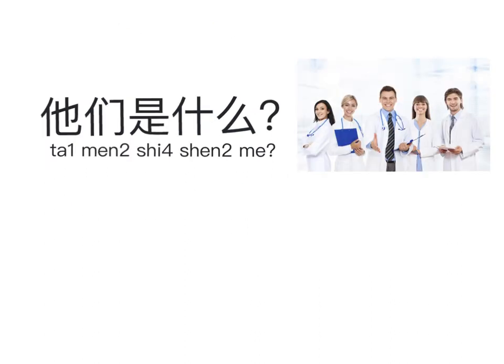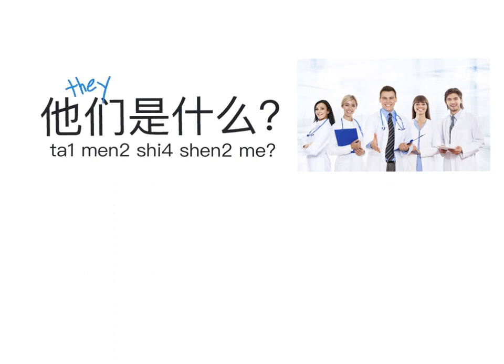The last example is a combination of a pronoun and a question word what. Okay, so the question is 他们是什么? Now, you can see here a picture not just of one doctor, but actually many doctors. So the question, let's analyze it first. We have 他们. 他们 is actually they.